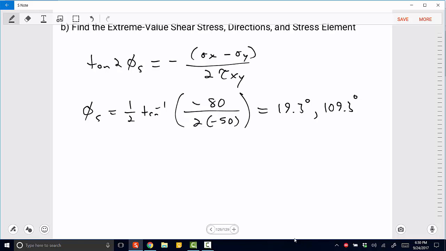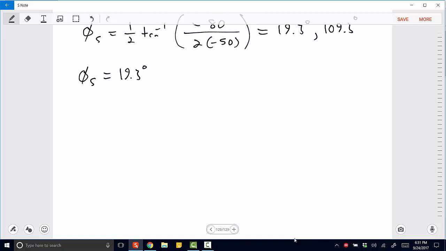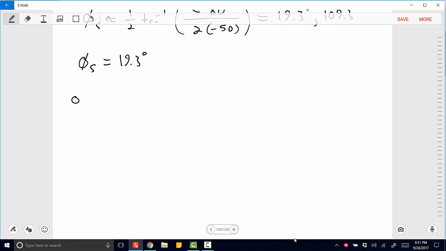And when we look at it, we're not really sure which one is phi s1 or phi s2. So let's go ahead and plug the angles in and see what we get. So let's start with phi s equaling 19.3 degrees. And let's plug that into our normal stress and shear stress equations.